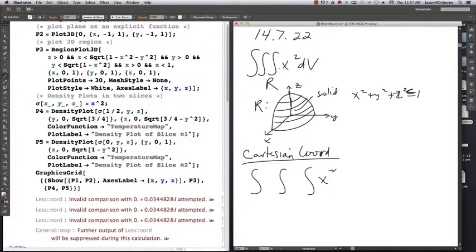If you did x squared dz dy dx, z would go from 0, this bottom plane here, since we're in the first octant, up to the sphere itself. The sphere itself, when you solve for z, is the square root of 1 minus x squared minus y squared.